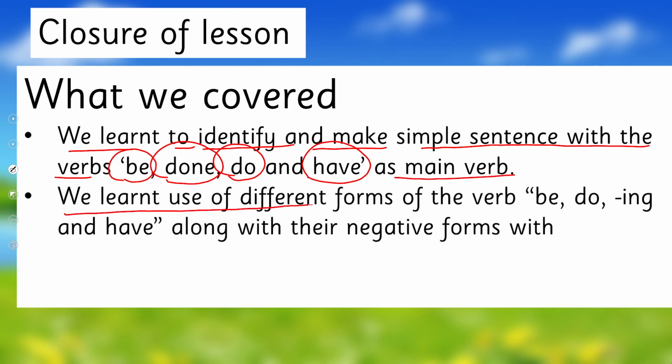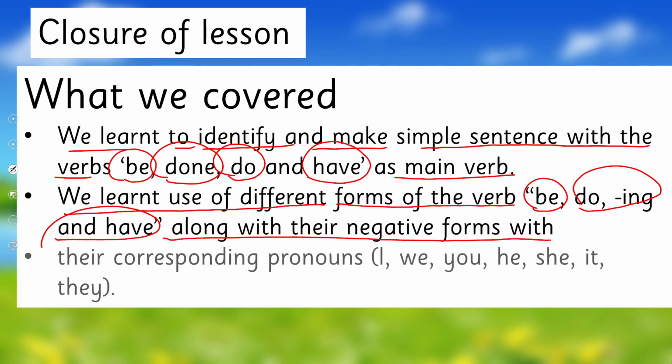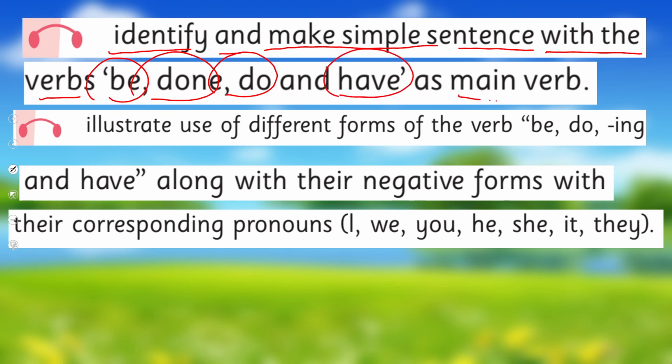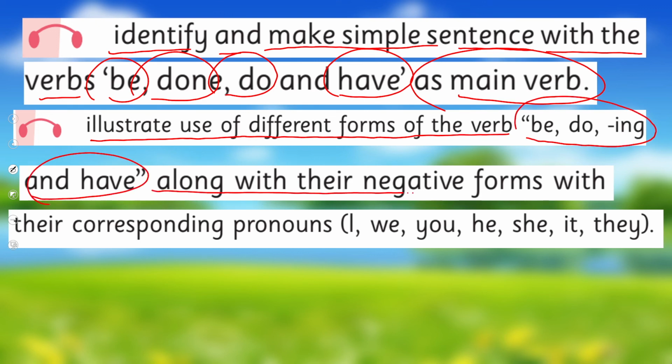And we learned to use different forms of verb be, do, doing, and have along with their negative forms with their corresponding pronouns I, we, you, he, she, it, and they. So in this way, we achieved our SLO.